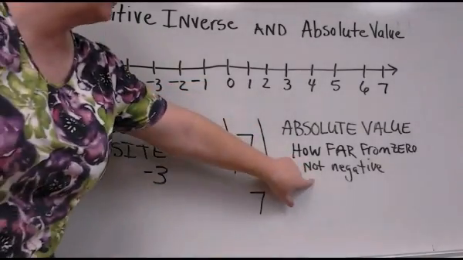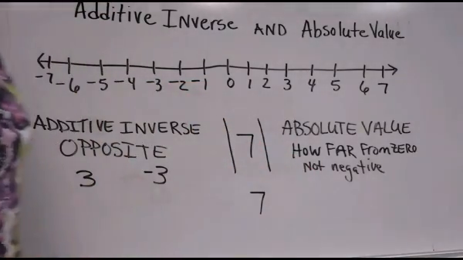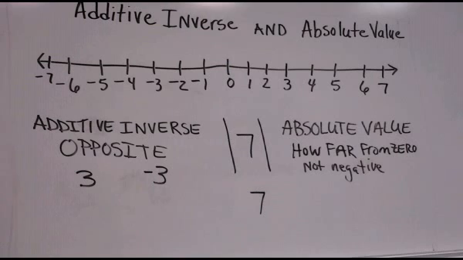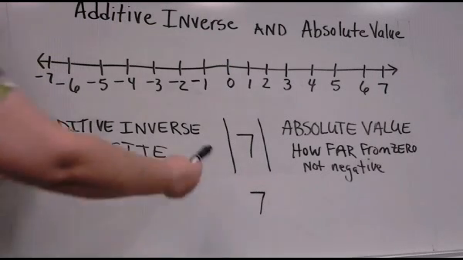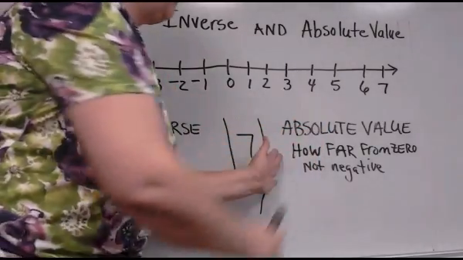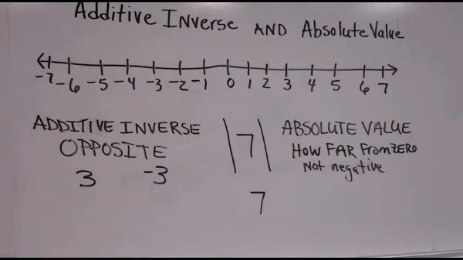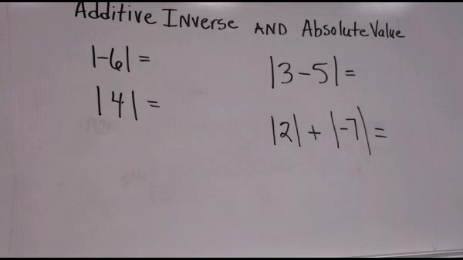What's the absolute value of -3? 3. It's 3 steps from 0. Opposite, how far from 0? Okay. Additive inverse is always just the opposite.